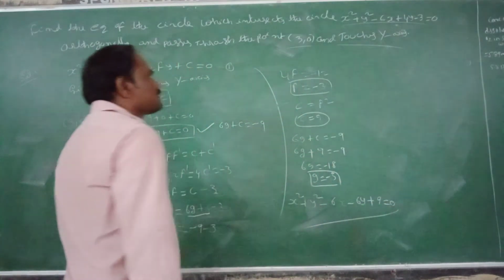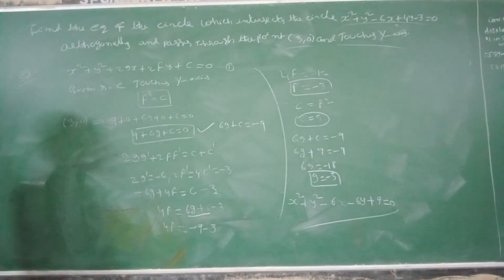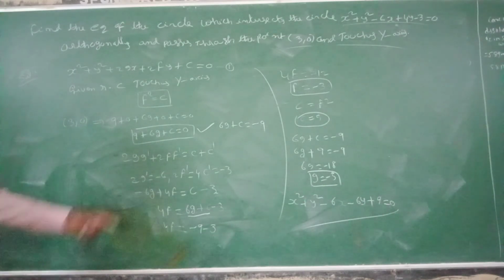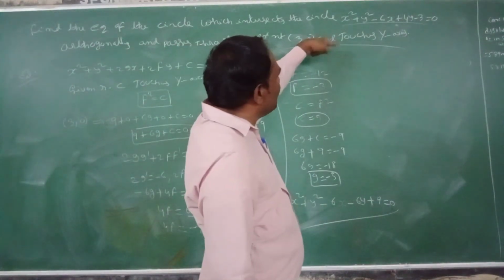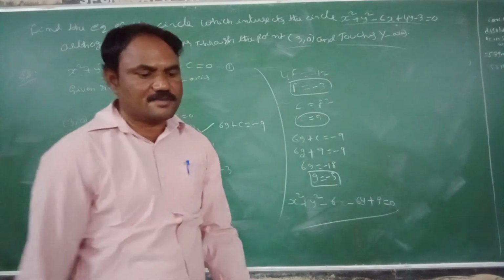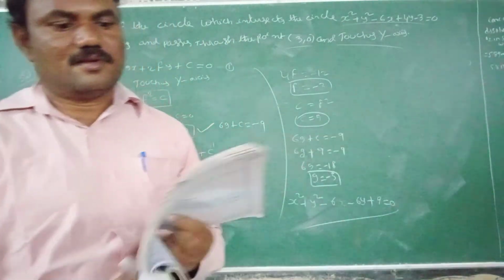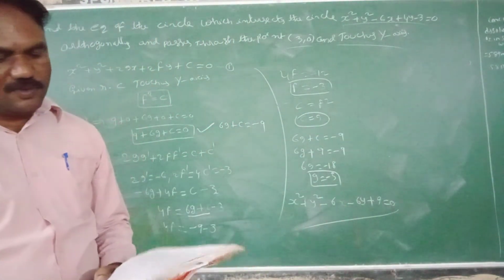That is the required circle which is orthogonal to the given circle, passing through the point (3, 0) and touching the y-axis. We solve another problem.